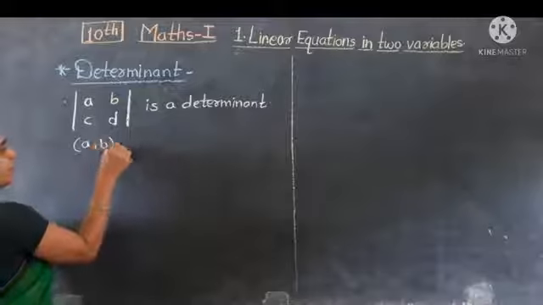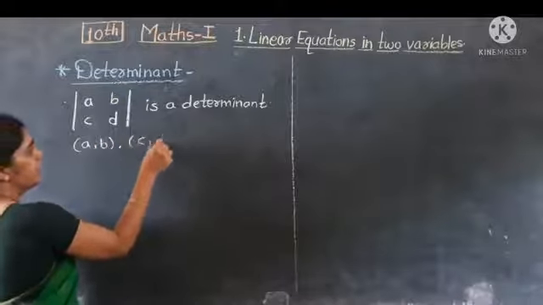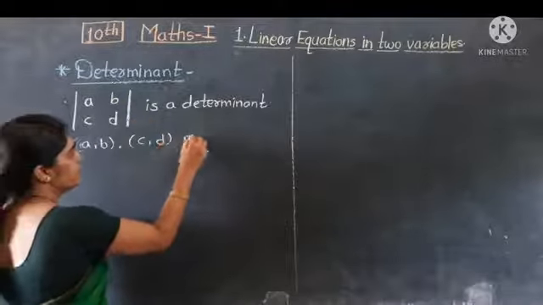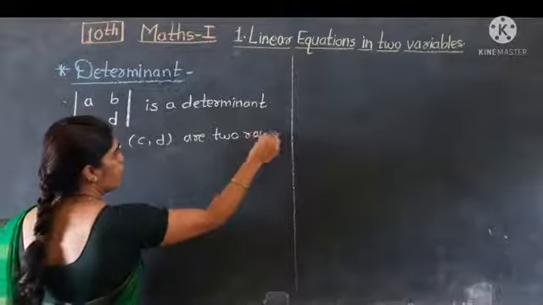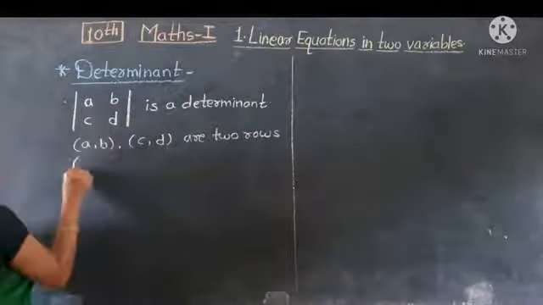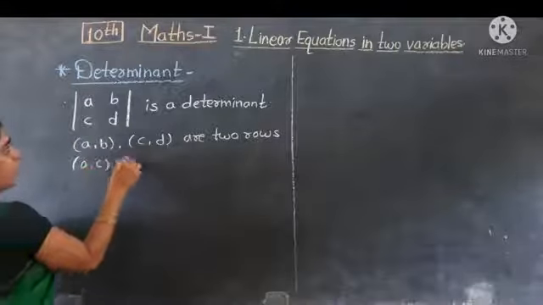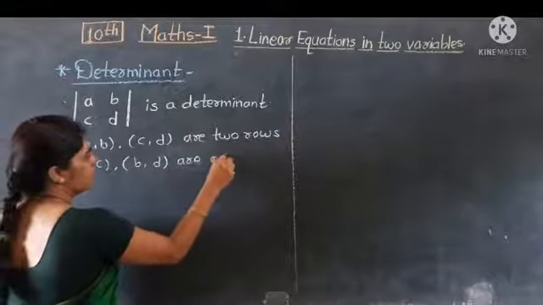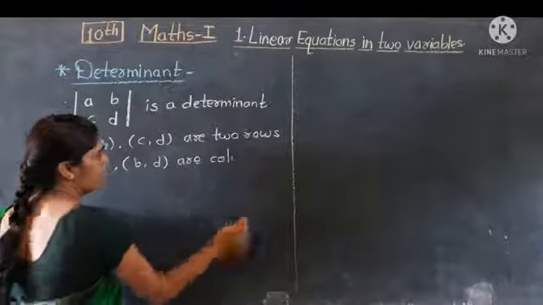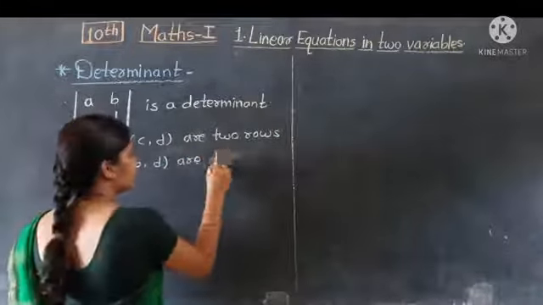A, B and C, D. These are the two rows. And which are the columns here? A, C and B, D are the columns. Here two columns are there.